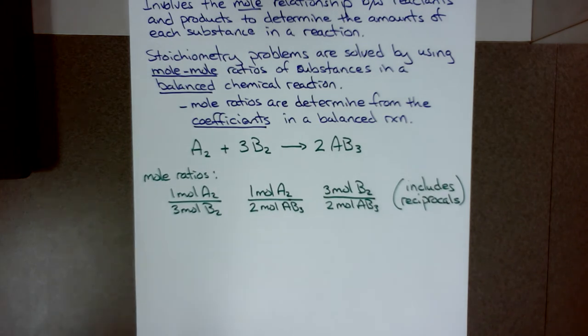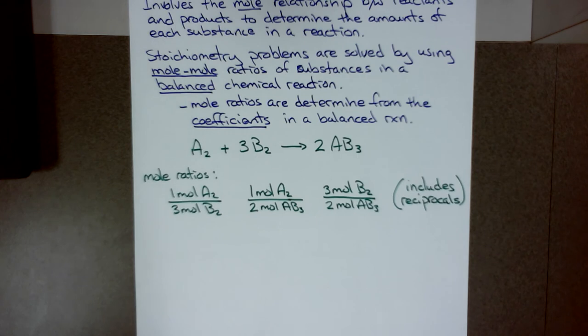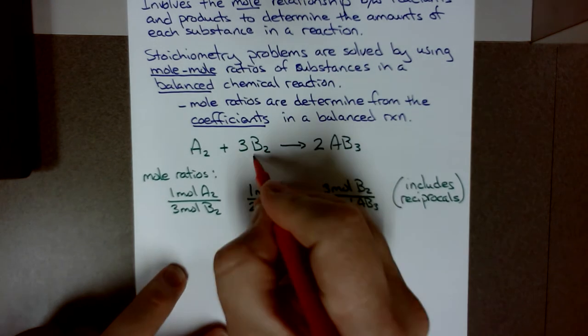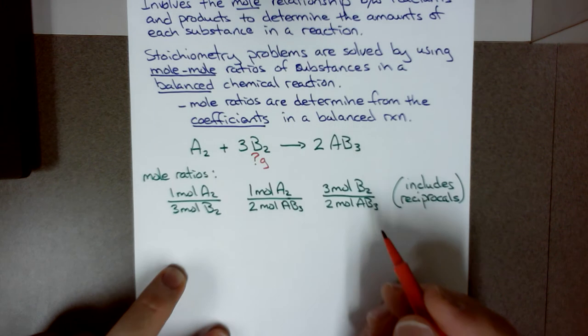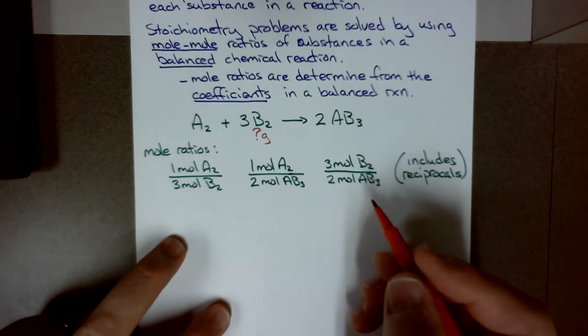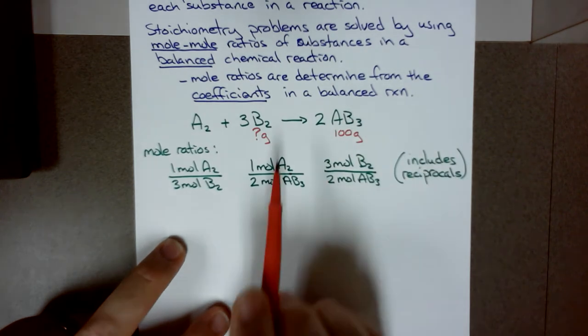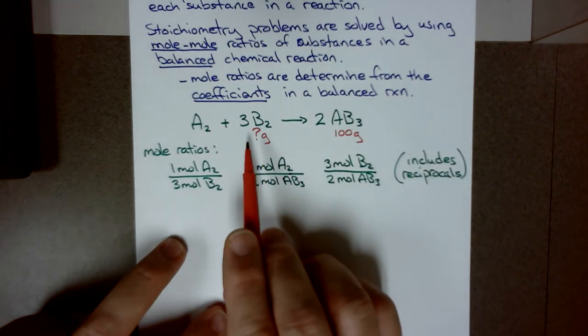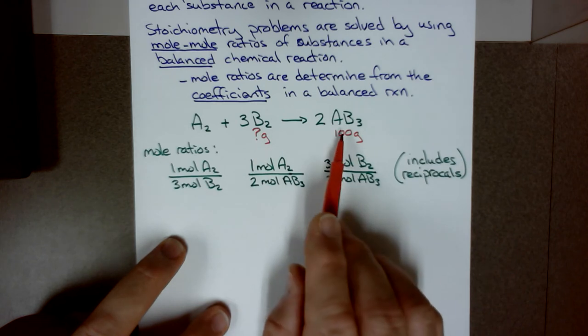So let's say in this problem above, I want to determine how many grams of B2 are required to produce 100 grams of AB3. I usually always write my information underneath the substance so that I know what I'm looking at.